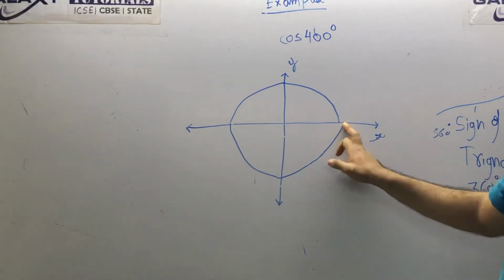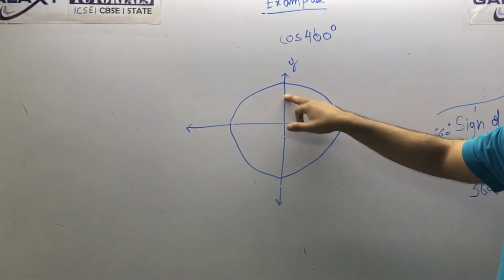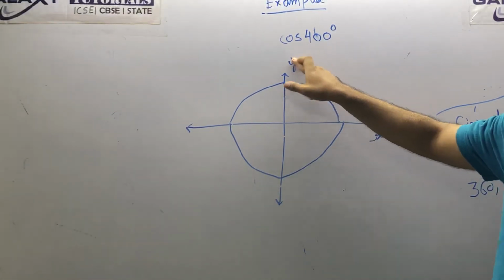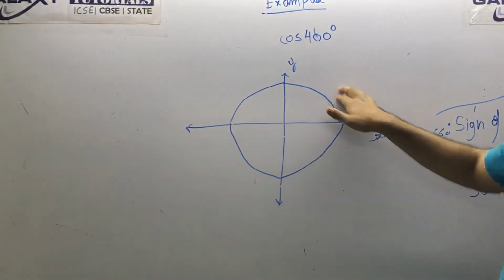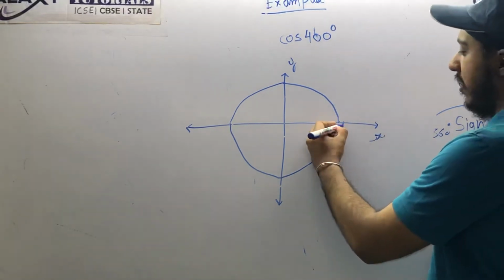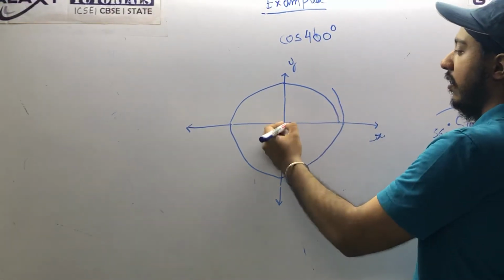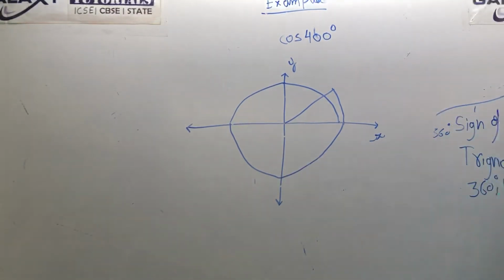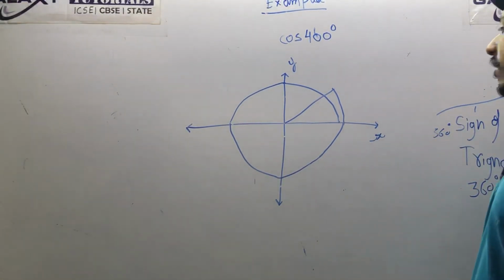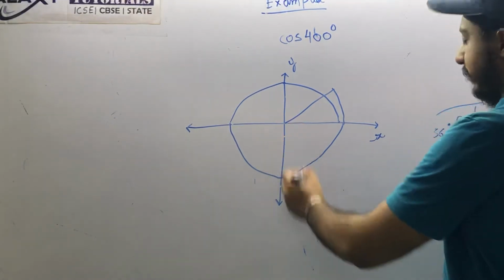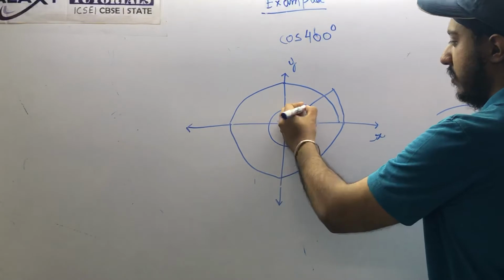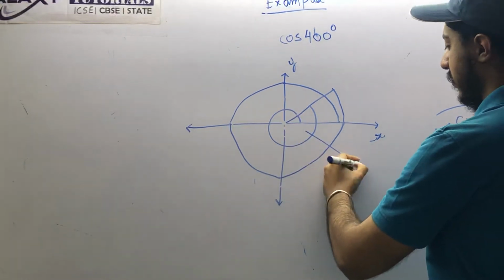So 360 plus 90 is 450. If you come here again, it will be 450 degrees, but the angle they have asked us is 400. So it will lie somewhere in between. Somewhere right here in between will be 400 degrees.